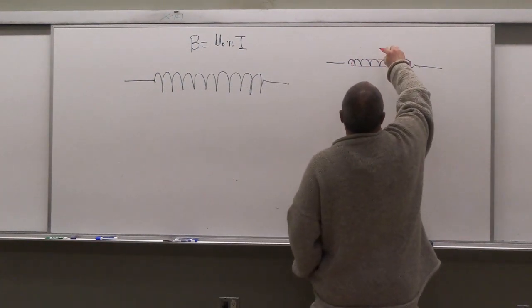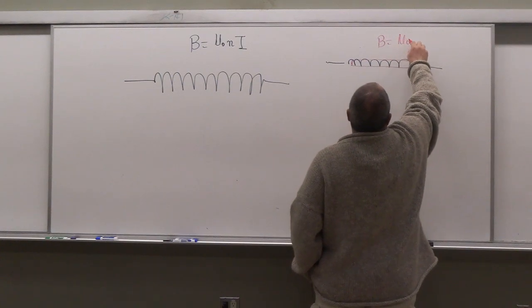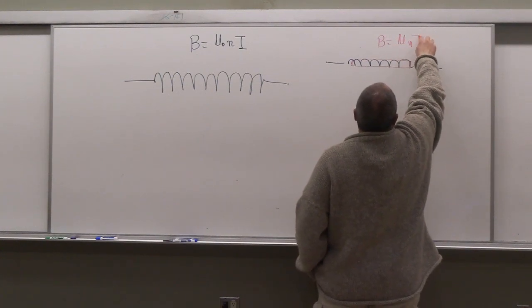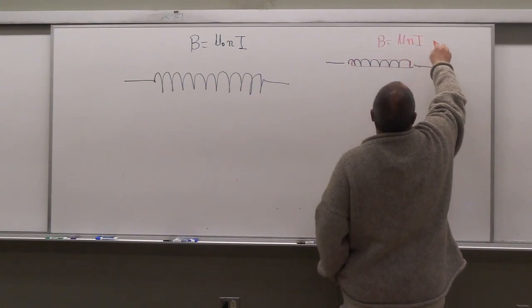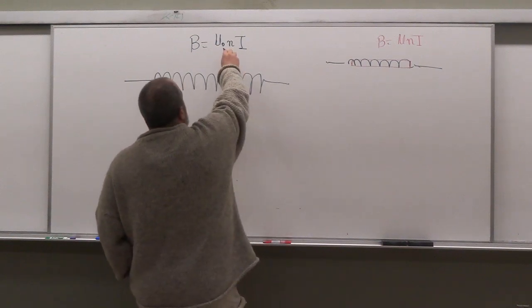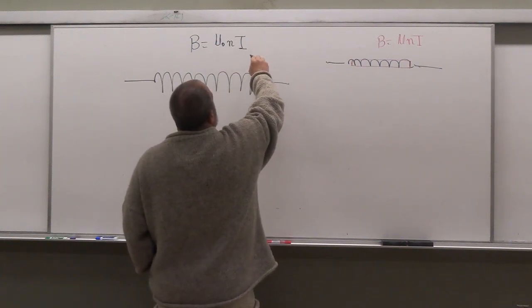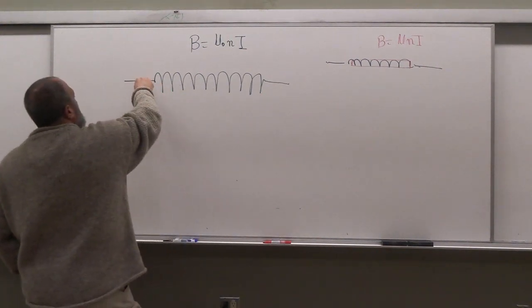The field inside will be given by B is equal to mu n I. I'll remind you what n is. Mu naught is the permeability of free space, n is the number of turns per unit length, and I is the current flowing through here, okay?